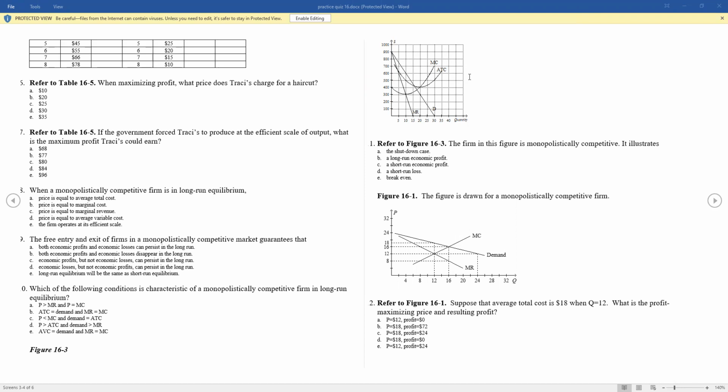Sorry for the interruption. All right, so what could I look at in figure 16.3 that possibly could be on it? They could ask if firms are going to enter or exit here. They could ask where productively efficient or efficient scale is. That would be where MC crosses ATC. I guess they could ask about deadweight loss.